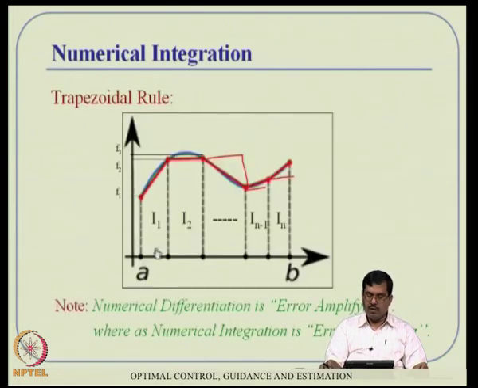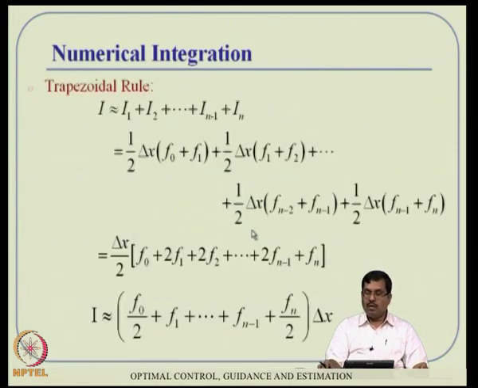Assuming a uniform grid, that means delta x remains the same, delta x times I1 is nothing but f0 plus f1, this is the trapezoidal formula for I1, and similarly for I2, and you carry on with all that. Then it interestingly turns out that if I take delta x by 2 common, then it is f0 by 2 in the beginning and fn by 2 at the end, and all other terms are simply summations.